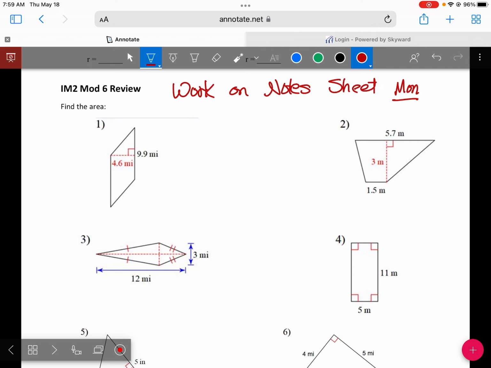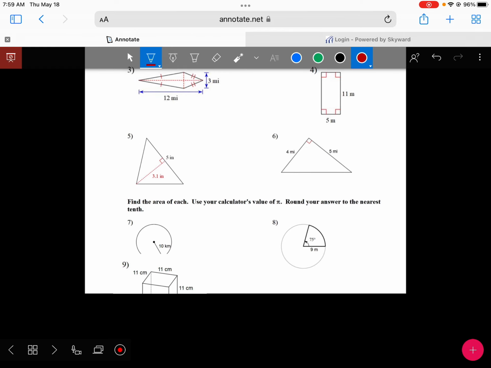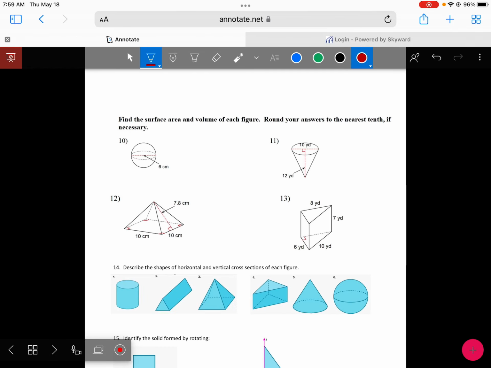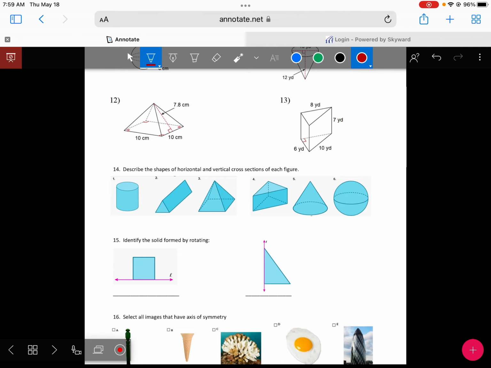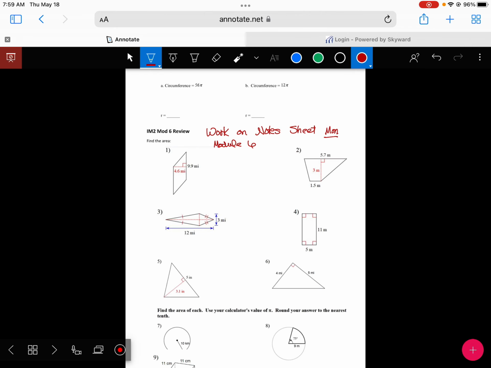So work on that. And also, let's work on Module 6, if you have not already. This is the surface area and volume. Let's see. That's right after the circles.